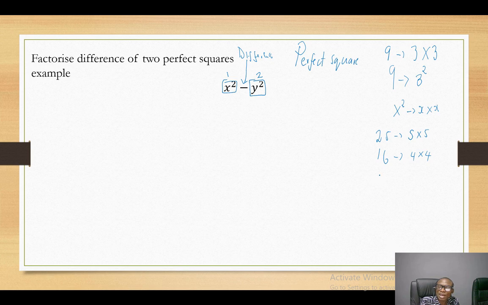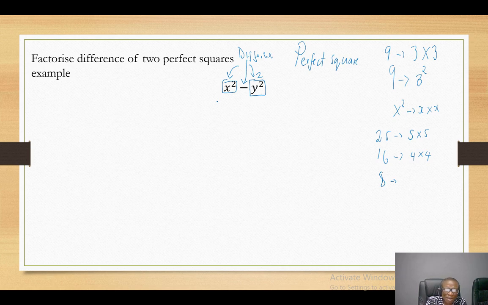Okay. 8 is not, because I don't have a number which when I multiply by itself, I get 8. So it's not a perfect square. So x squared minus y squared: x squared is a perfect square, y squared is a perfect square. So I have to factorize the difference of two perfect squares.